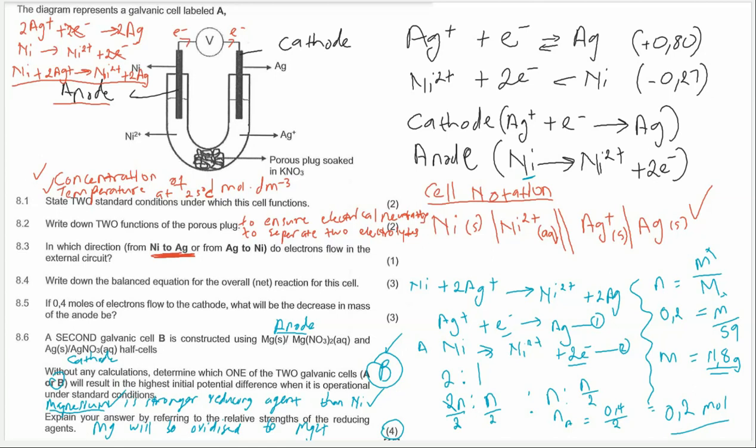Look at the one which has the highest potential, so that will be the reduction and it will go to the cathode, and the one with the lowest potential will be the anode. In that way you will identify the direction of electrons. You will be able to write the cell notation, and also the overall cell reaction. You can also identify your reducing agent and your oxidizing agent as well.